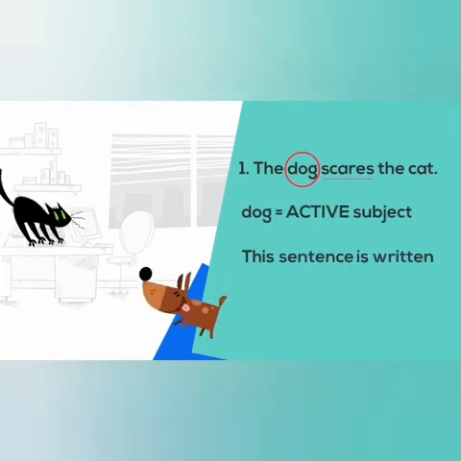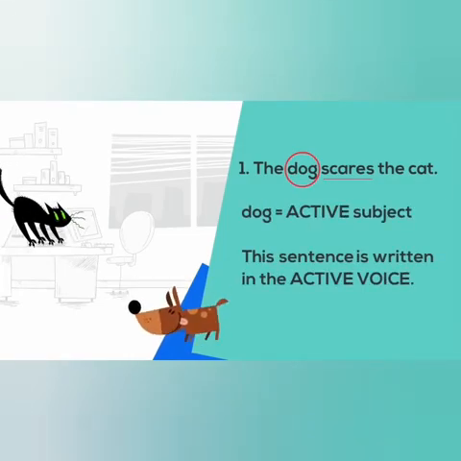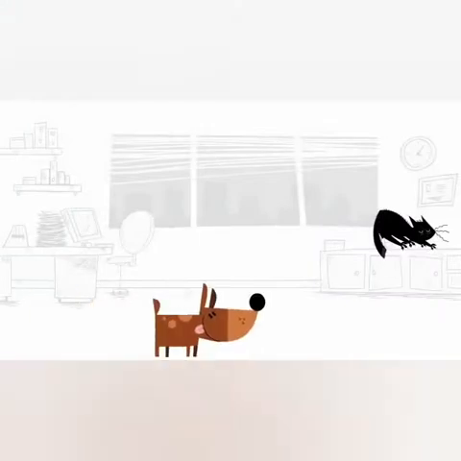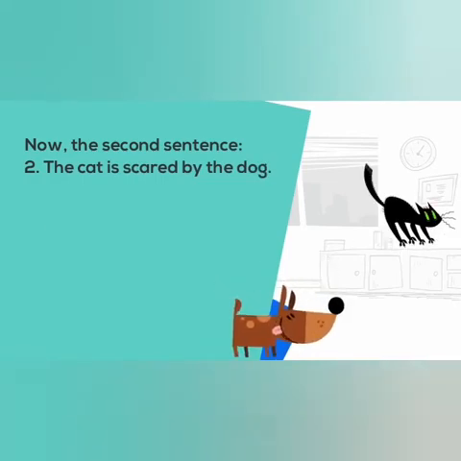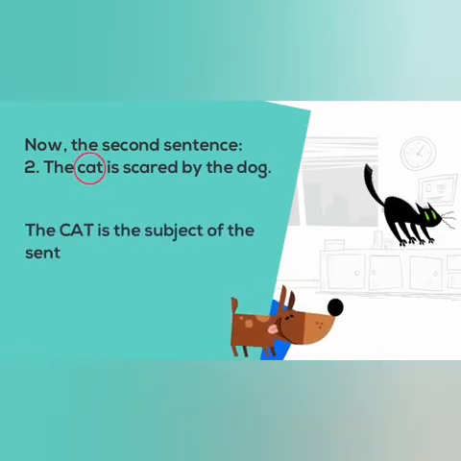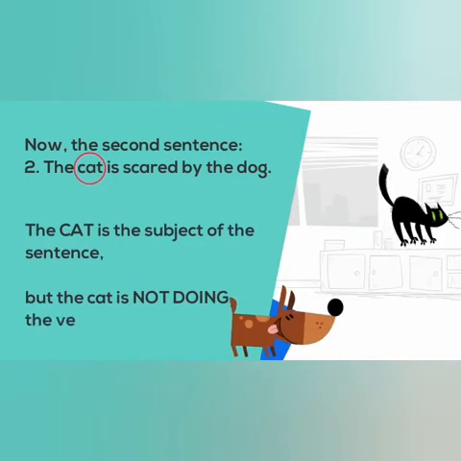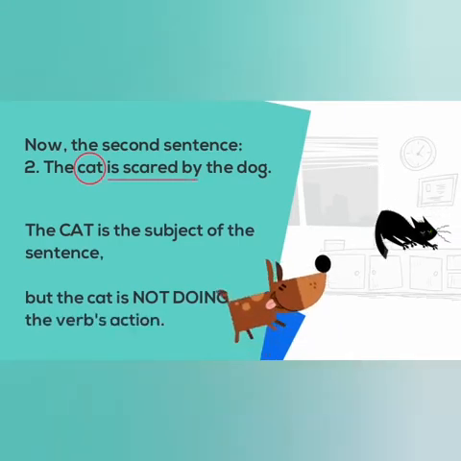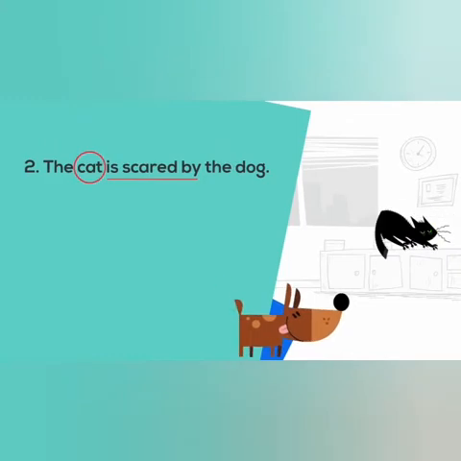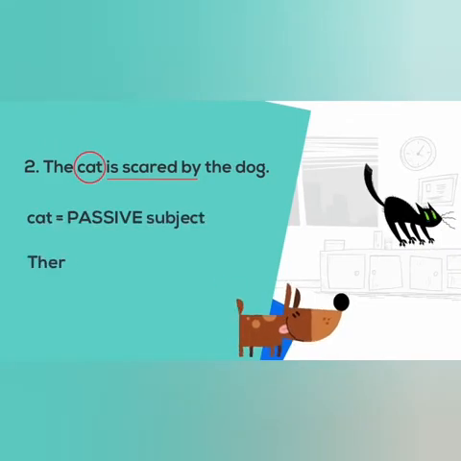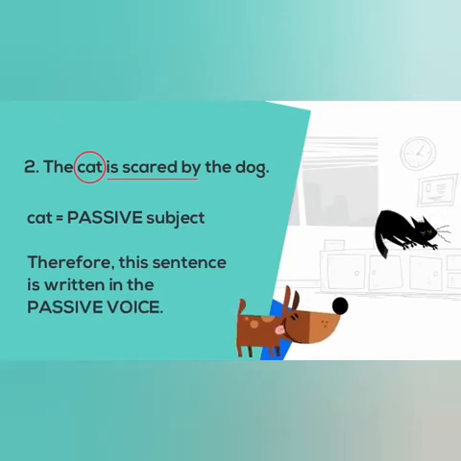Dog equals active subject. this sentence is written in the active voice. Now the second sentence. The cat is scared by the dog. The cat is the subject of the sentence, but the cat is not doing the verb's action. Cat equals passive subject. Therefore, this sentence is written in the passive voice.